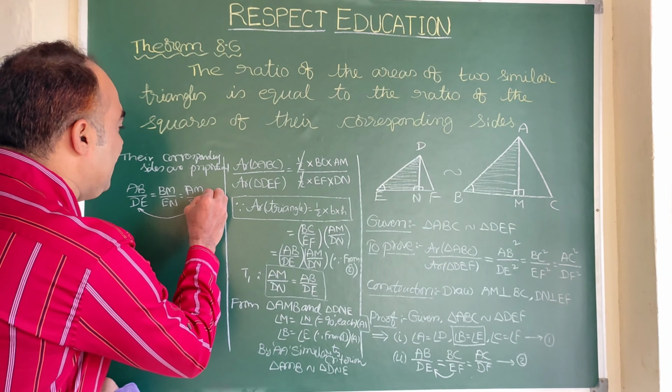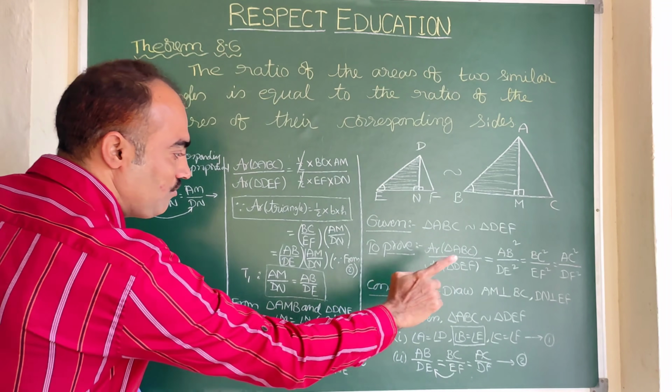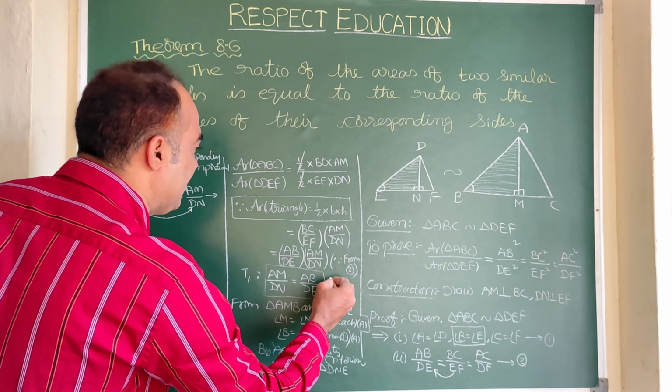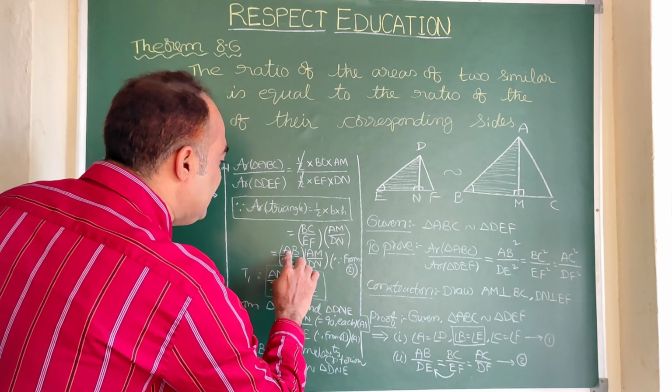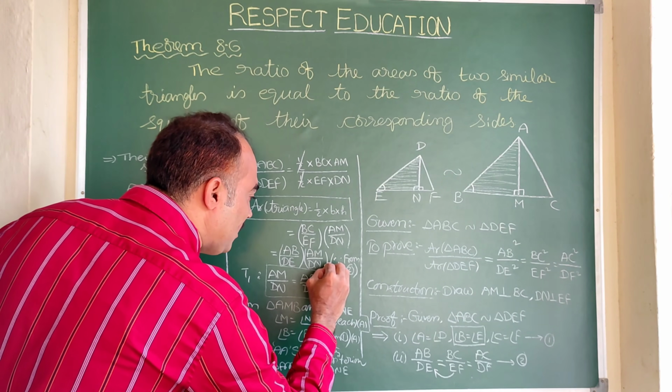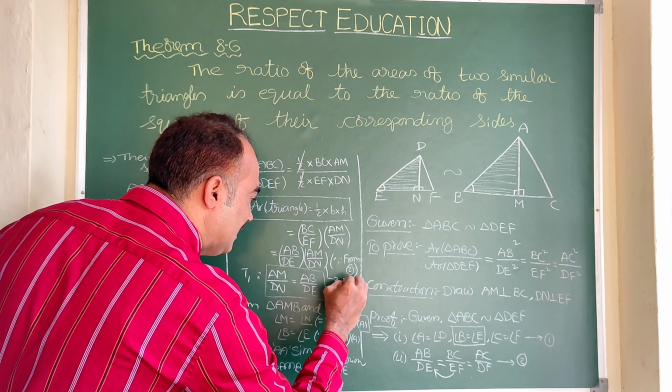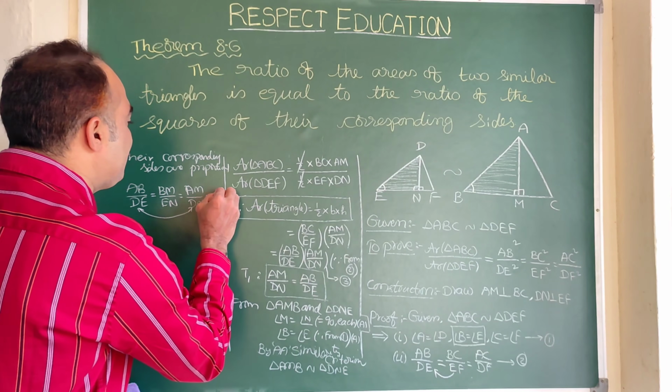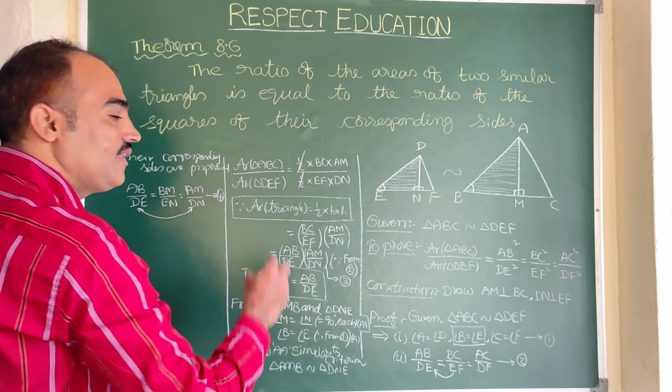So let us take the earlier result as equation number 2, this step as equation number 3, and this as equation number 4.